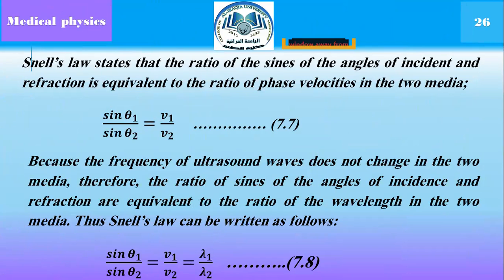Because the frequency of the ultrasound wave does not change in the two media, the ratio of the sines of the angles of incidence and refraction is equivalent to the ratio of the wavelengths in the two media. Thus, Snell's law can be written as follows: sine theta 1 divided by sine theta 2 equals velocity 1 divided by velocity 2 and equals wavelength 1 divided by wavelength 2.